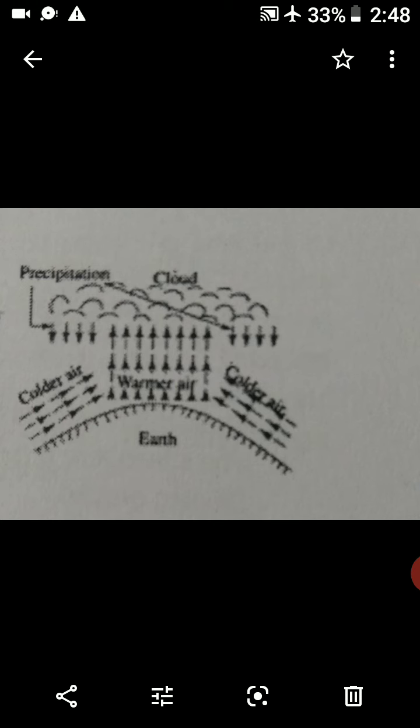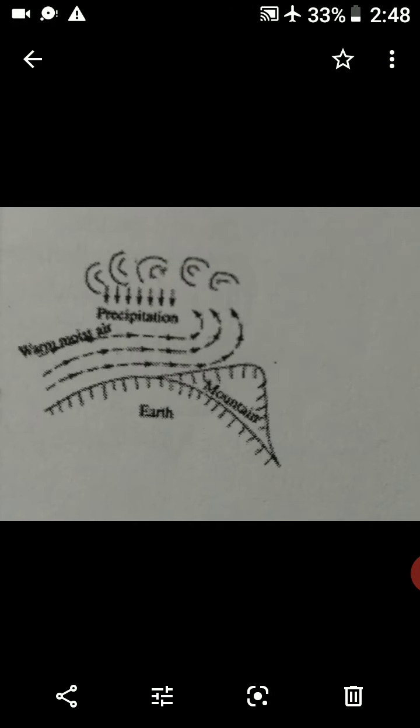When water falls immediately from the clouds, it is called a cloud burst. Sometimes you can feel light showers. This is the convective type of precipitation.